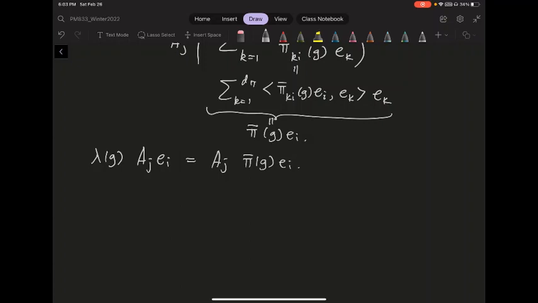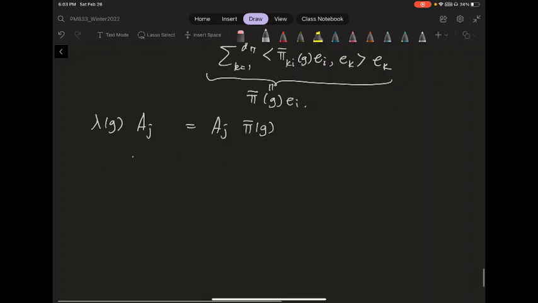Because they agree on all the basic vectors, let's just pretend this ei doesn't exist there. These two operators have to be the same, since we tested them on the whole orthonormal basis. So in other words, lambda g is equal to aj pi bar of g and then aj star.